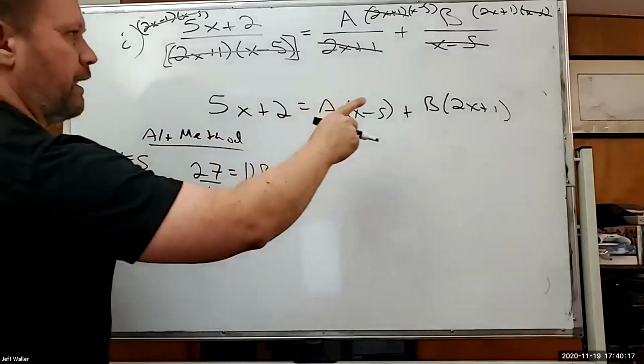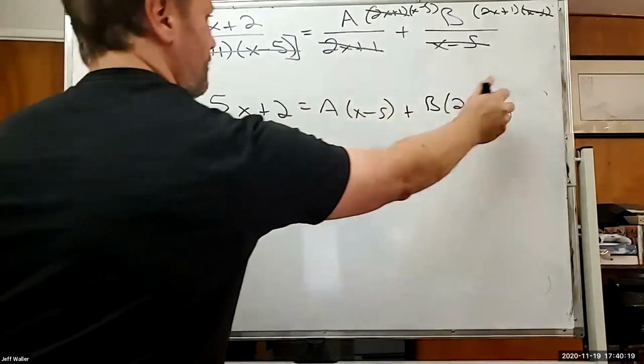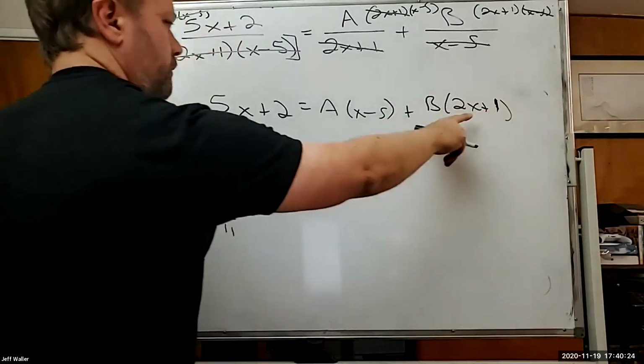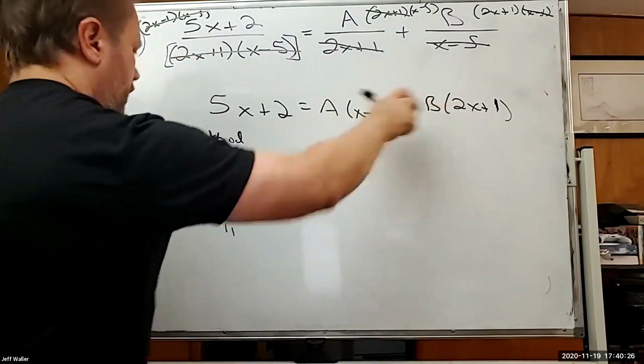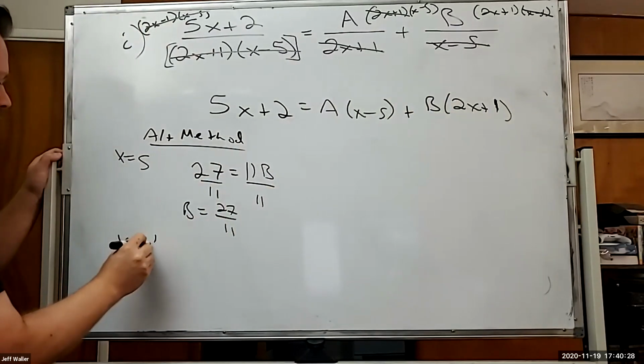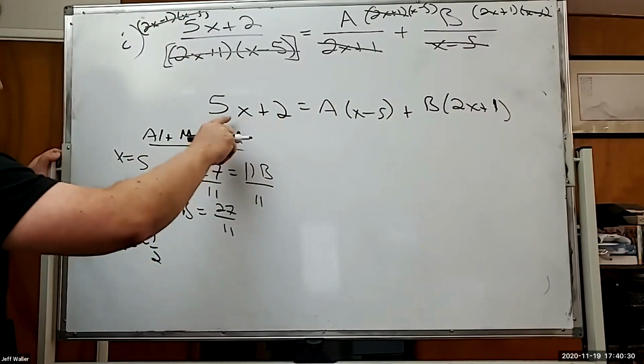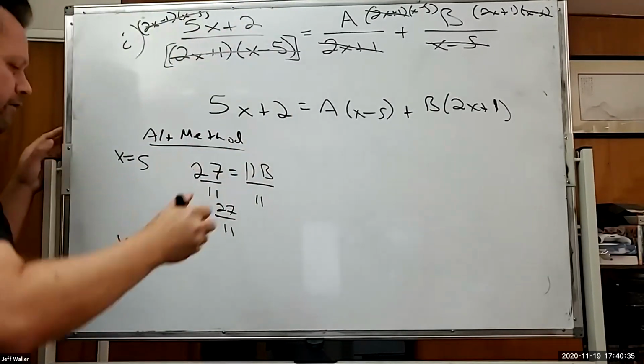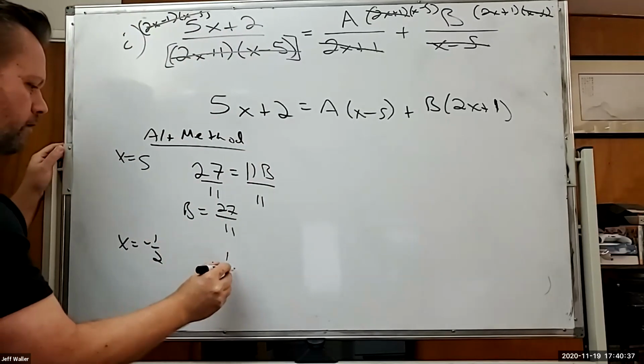What else can I make x? This is a little bit worse, but well, who cares? Same idea, right? -1/2. So if x is -1/2, this is going to be a little bit more gross, but oh well. -5/2 plus 2 is -1/2. Is that right? I think so.